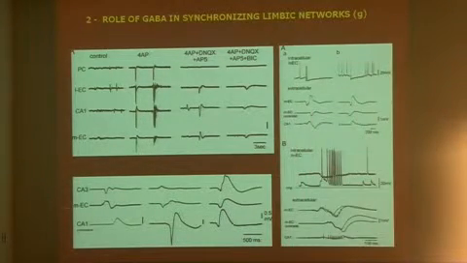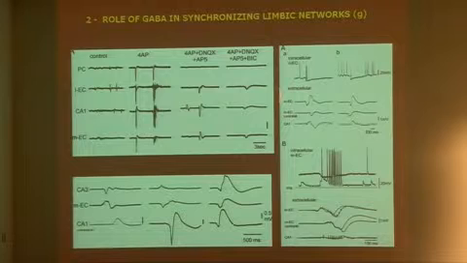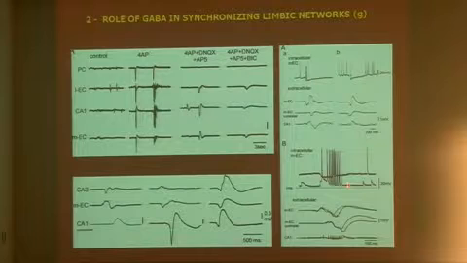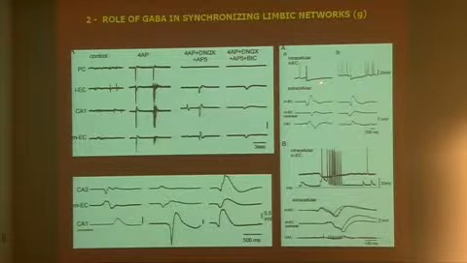But this is what we can see in this preparation. And finally, you see that basically the intracellular counterpart of this phenomenon is very similar to the one we see in the slices. A depolarization with action potentials at resting membrane, as well as, when we depolarize the cell, we can reveal a hyperpolarization.